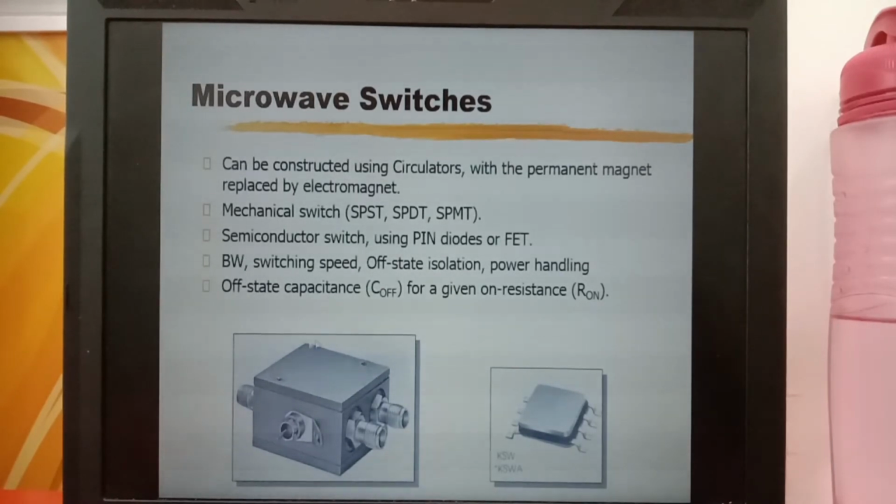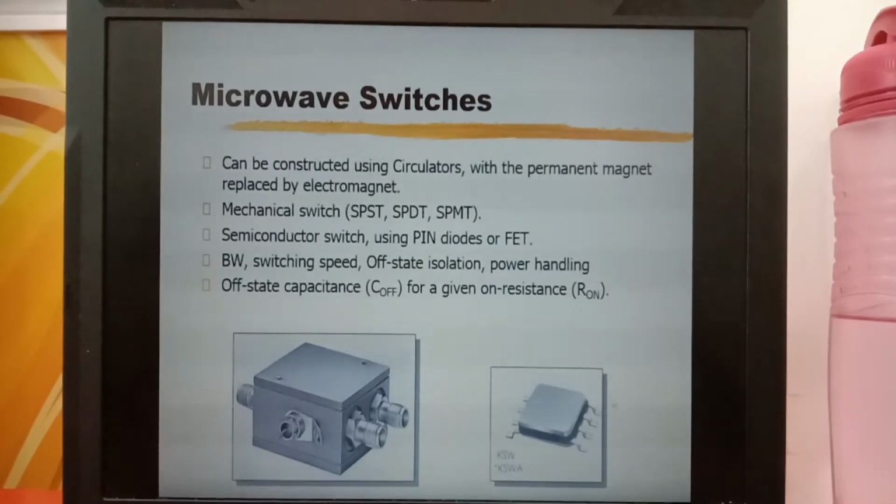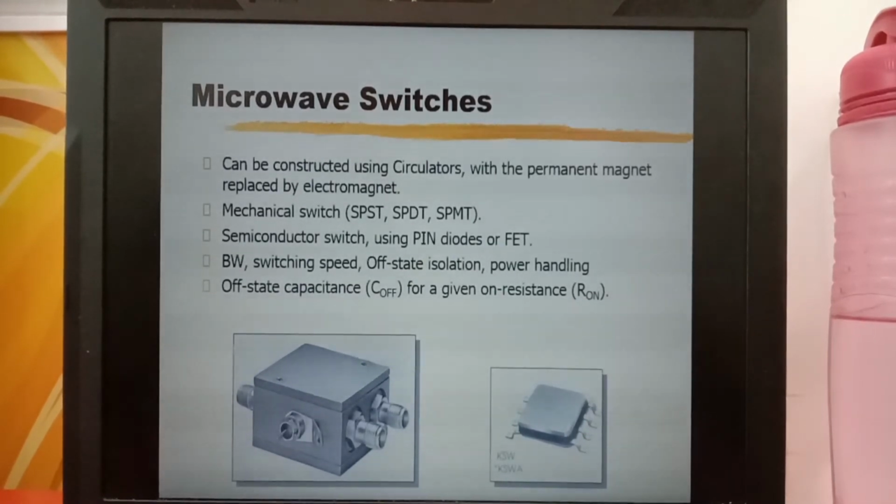This is an example of a microwave switch. There is one input and two outputs. The switch position is controlled by the voltage applied to this terminal. This is an example of a semiconductor switch, which is in the form of a chip.